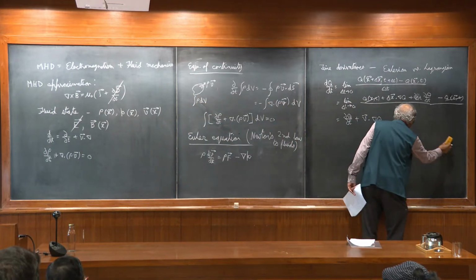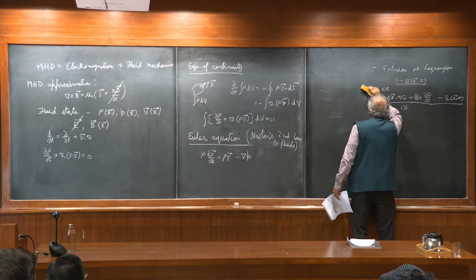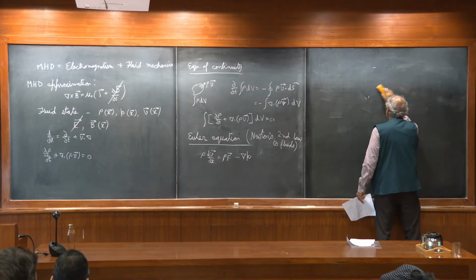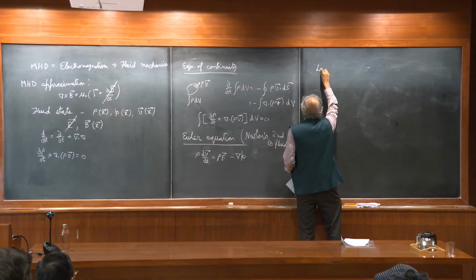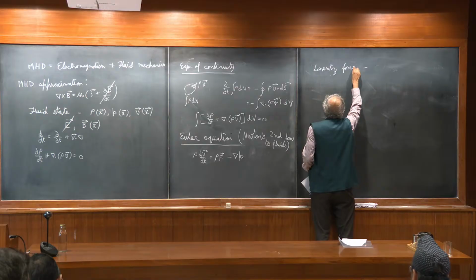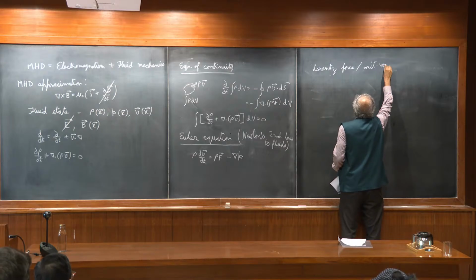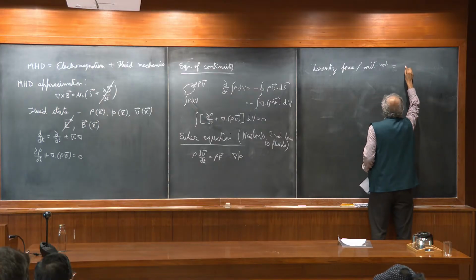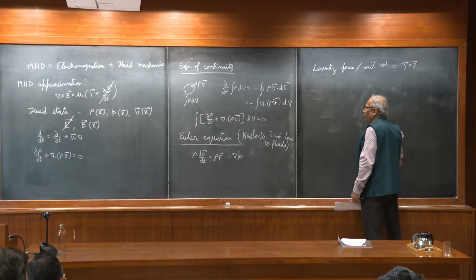So let us try to figure out what this Lorentz force per unit volume would be. This Lorentz force is given by an important formula of electromagnetic theory, J cross B. I'm sure all of you know that.